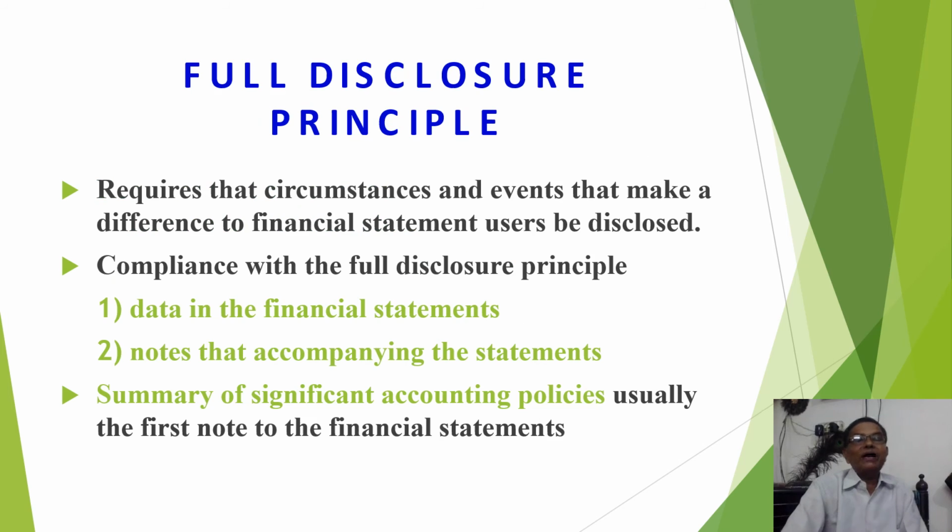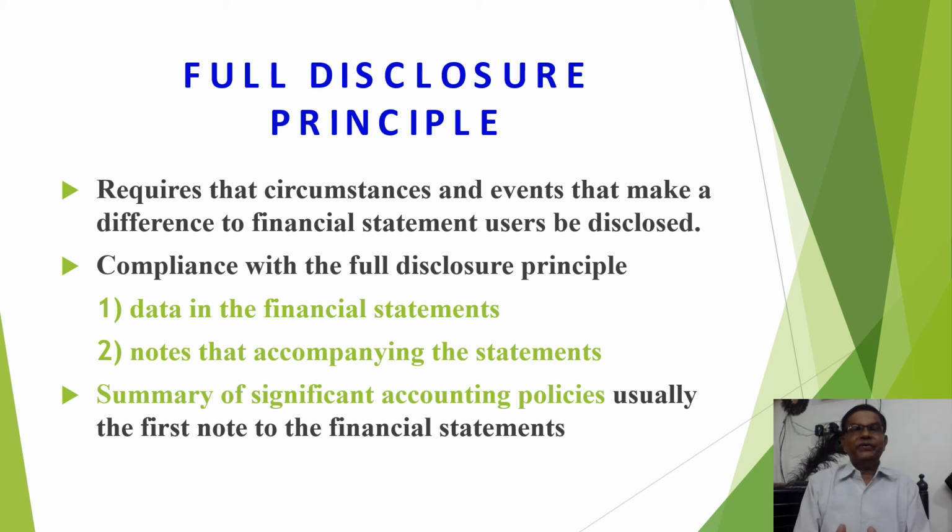So next one is the full disclosure principle. Just we have seen the two constraints, that is materiality and conservatism. So under conservatism, future losses are not recorded, and under materiality, important facts are recorded, and here we are disclosing the facts by way of notes, footnotes.